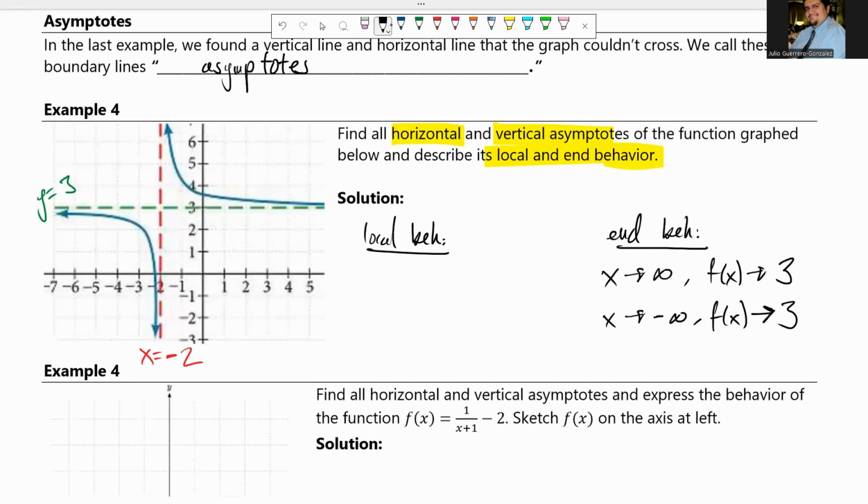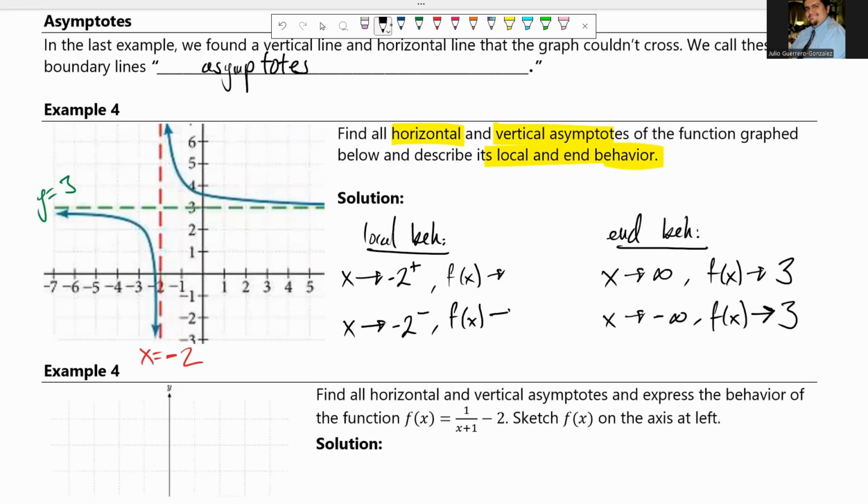So to start with, we want to find when x approaches -2 from the positive side, and x approaches -2 from the negative side. And now we get to describe what our f of x values head toward.